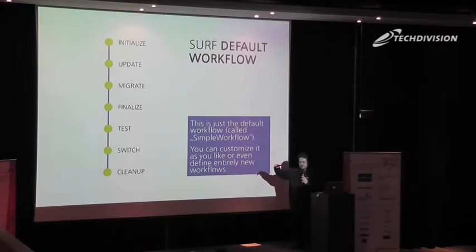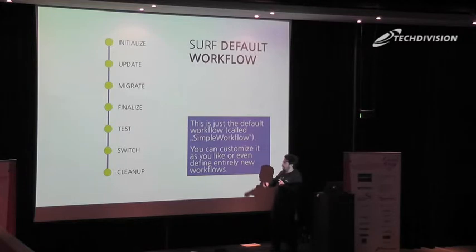The finalize stage is usually just for cleanup before switching the release. In the finalize stage, you could, for example, I don't know, compile SCSS files, minify JavaScript, anything like that.